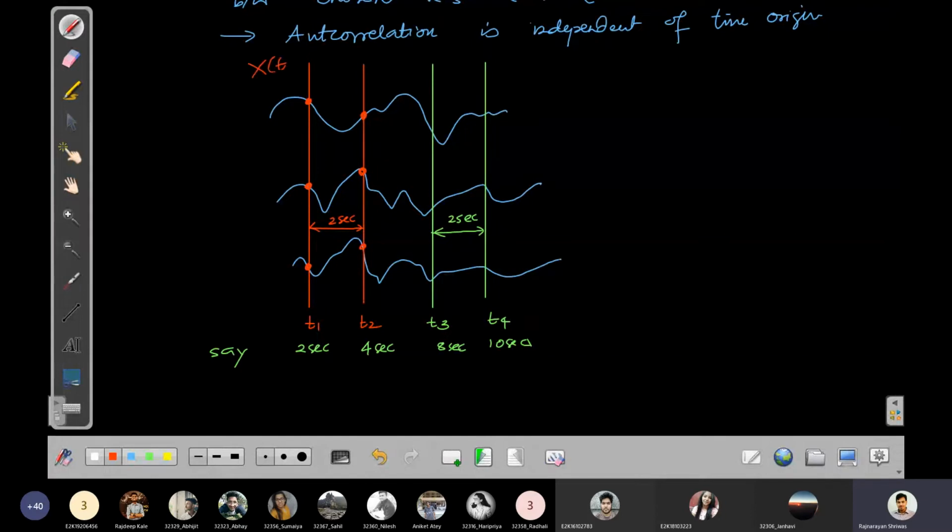So this is a random variable X(t1) and this is X(t2). This is X(t3) and this is X(t4). But what do you find here?